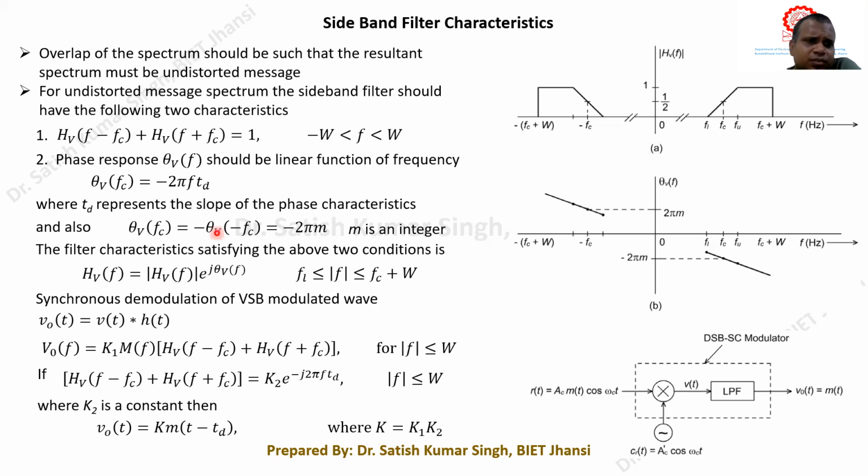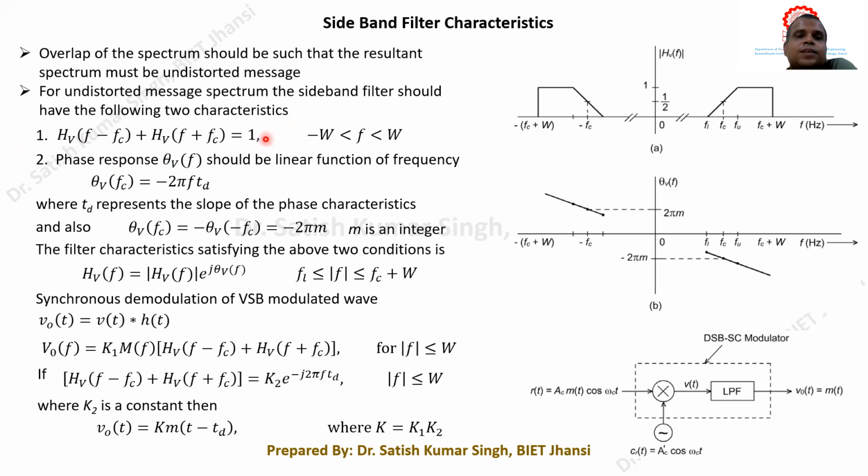So basically the two requirements are that the filter we use for generating the VSB signal, the vestigial sideband filter, should follow this particular condition: if we shift the filter characteristics, H(f - fc) or H(f + fc), it should give a rectangular pass band. Remember that in this frequency range of our message signal, from minus W to plus W, it should give a rectangular pass band.